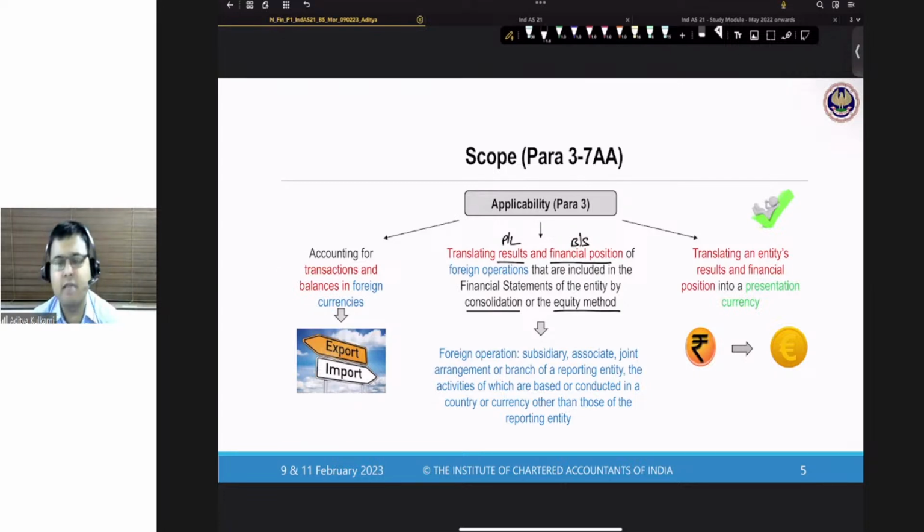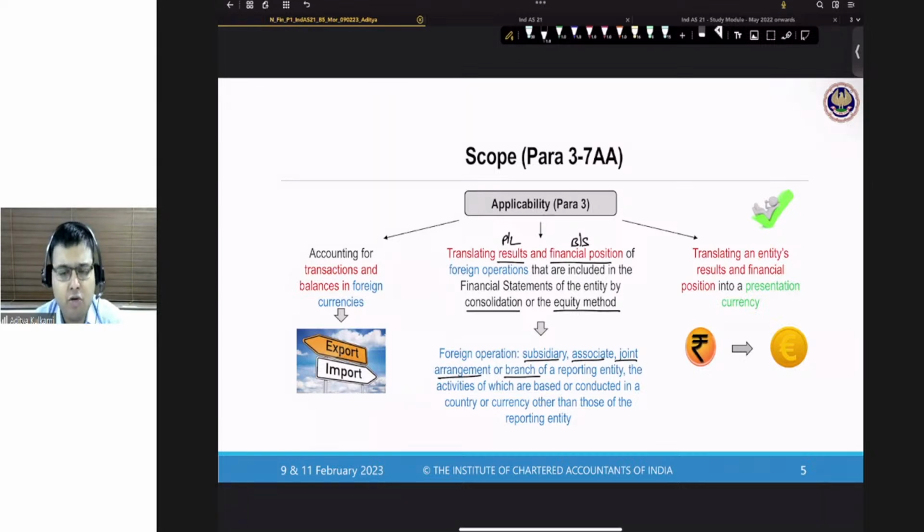So consolidation means it could be consolidating a branch into the head office accounts, or it could be a subsidiary consolidating into the parent. Equity method for associates, joint ventures, etc. Okay, what is a foreign operation? It could be a subsidiary, it could be an associate, it could be a joint arrangement, or a branch of a reporting entity.